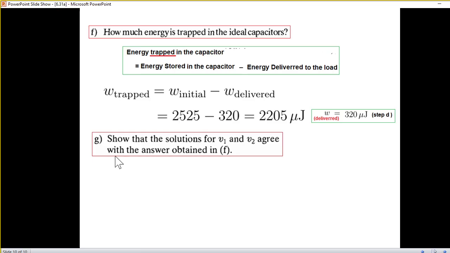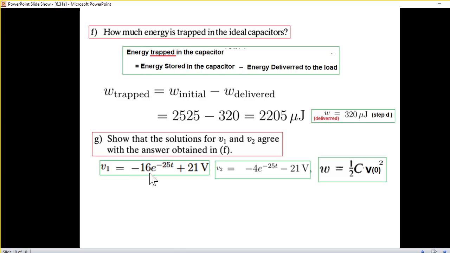And finally, part G, show that the solution for V1 and V2 agree with the answer of F. So this value. For that, what we'll do, we'll take both the equations, write both the equations, and use this formula. Now here, this is the DC part only. Similarly, in this case, minus 21 is the DC part. So we'll use these two values.